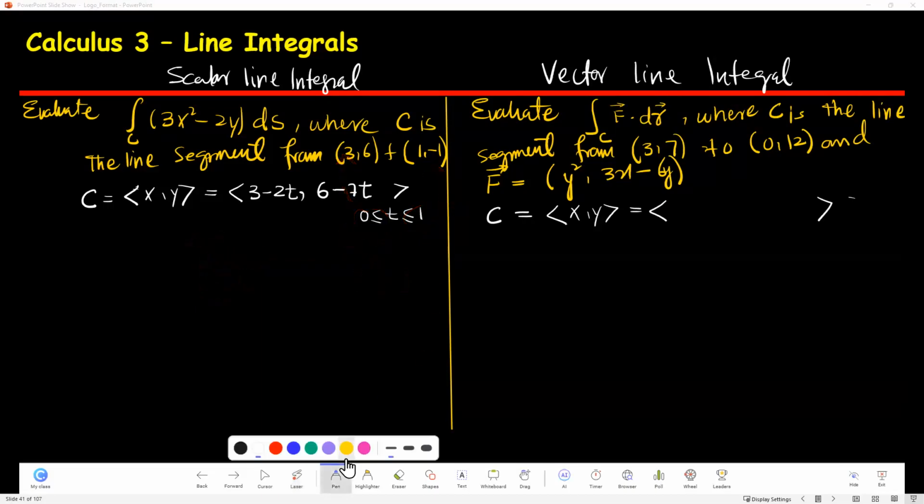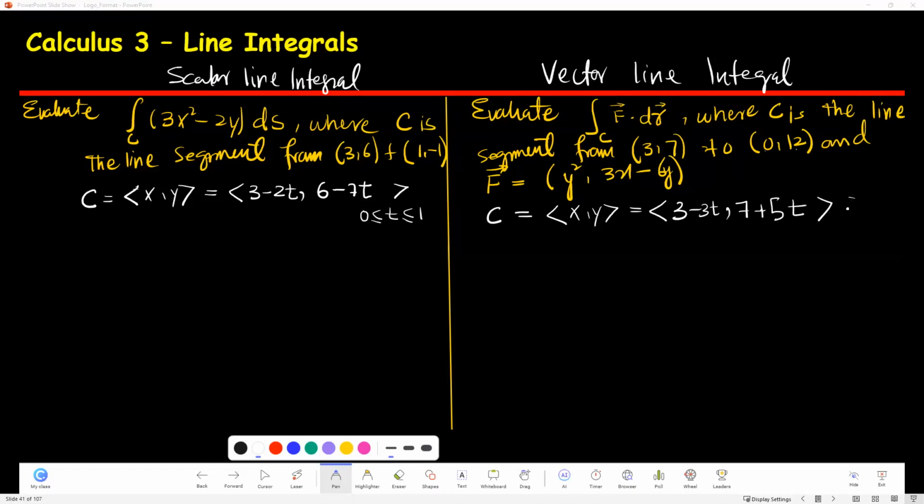Anyway, I'm going to go to the other side and write this so we can complete it. For x, x equals x naught plus at, so here it's 0 minus 3, which is minus 3t, and y naught is 7, and 12 minus 7 is going to be 5t.